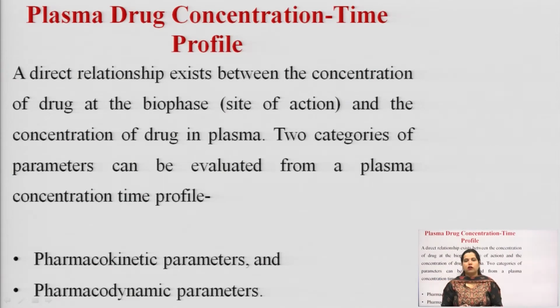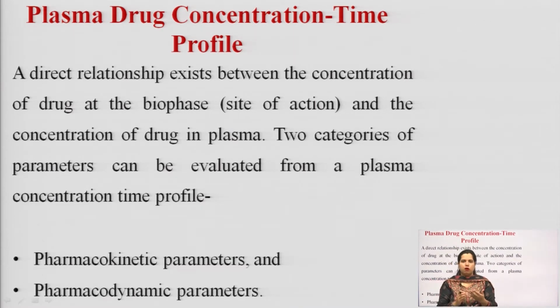So, the plasma drug concentration time profile. When we see various parameters, that is how we identify different processes like absorption, distribution, metabolism. We have several profiles, we can observe different parameters, and we can analyze that the drug is going through this phase and giving this much response, by analyzing body samples like urine and blood.